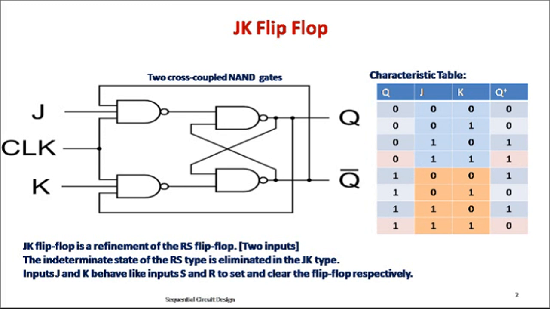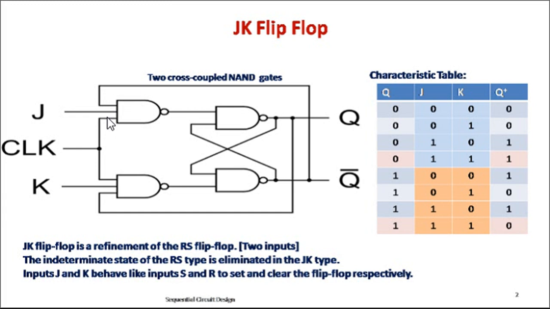See now, whenever both are 1, meaning J is 1 and K is 1, the output of the respective gates depends upon the remaining two inputs.